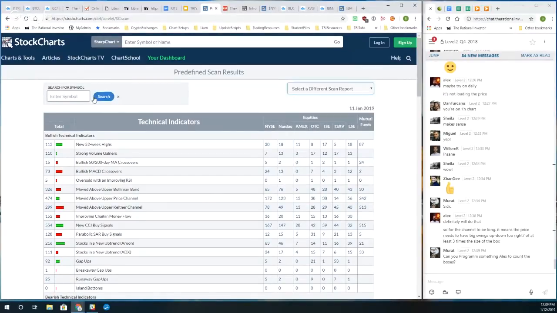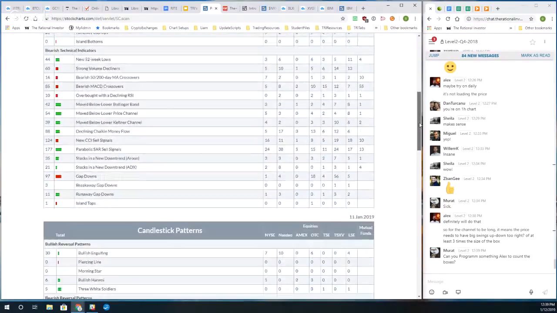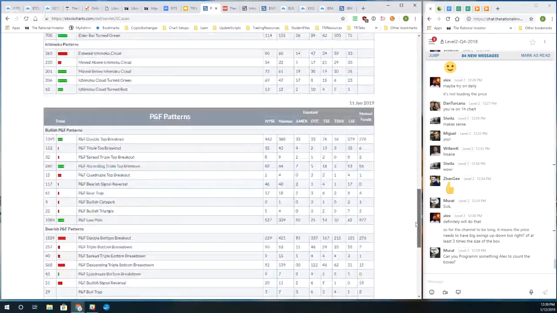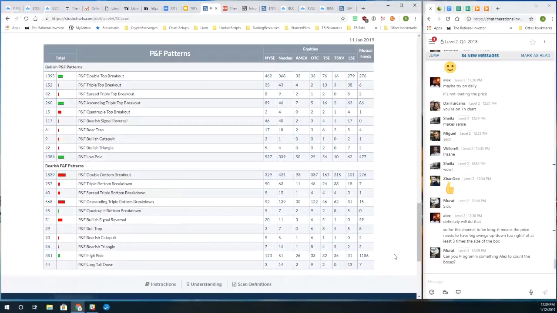In fact, I think candlesticks, point and figure. There you are there. So I would like for you to go on this page and see if you can understand the logic of their breakouts.